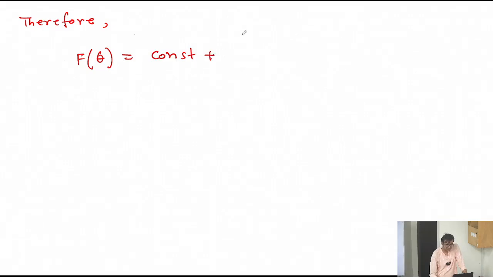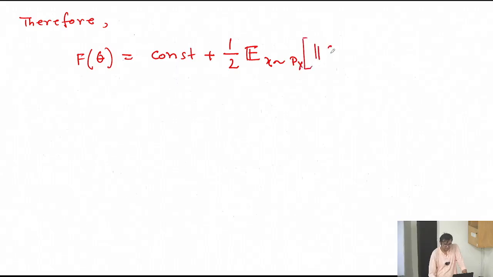Plus the second term was half expectation x from px, norm of s theta x tilde, something like this, right?